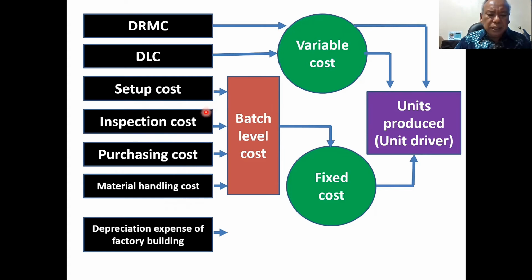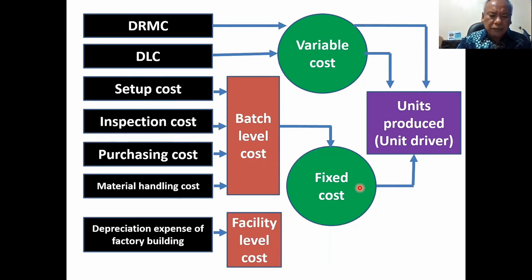Because these costs are batch level costs. So they are not influenced by the units produced, but by the number of batches. So the setup cost, inspection cost, purchasing cost, and material handling cost will be classified as fixed cost.